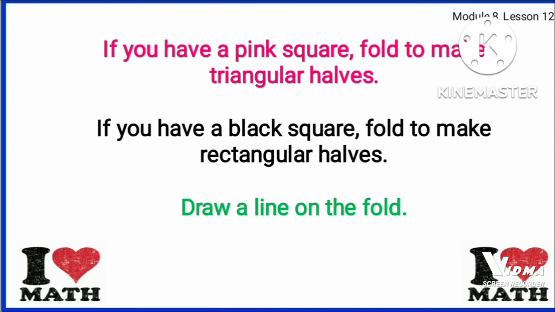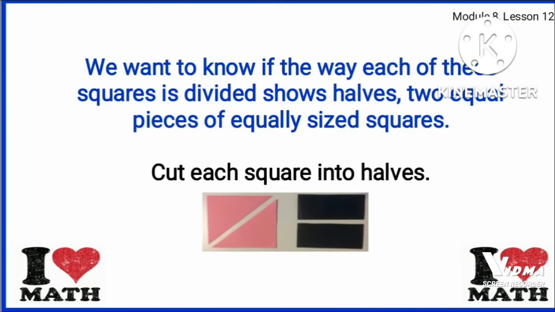Draw a line on the fold. Right, so this is what you have. I want you to cut each square into halves. The black one, rectangular halves. The pink one, triangular halves.